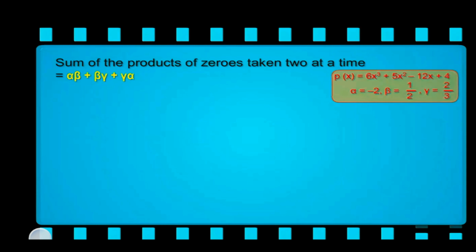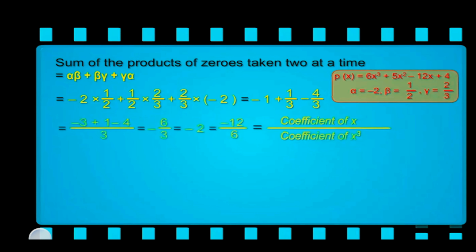Also, the sum of the products of zeros taken 2 at a time is equal to alpha into beta plus beta into gamma plus gamma into alpha, which is equal to minus 2 into 1 upon 2 plus 1 upon 2 into 2 upon 3 plus 2 upon 3 into minus 2, which is equal to minus 1 plus 1 upon 3 minus 4 upon 3, which is equal to minus 3 plus 1 minus 4 upon 3, which is further equal to minus 6 upon 3, which is equal to minus 2.